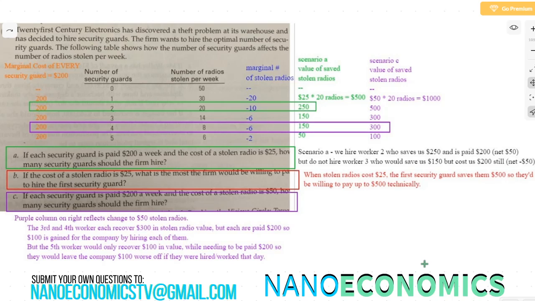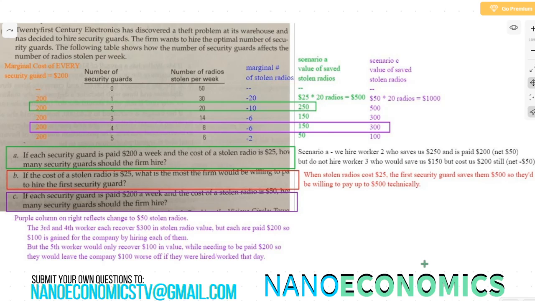In this case, we're doubling the value of each stolen radio. So we can simply double everything in the green column. It comes from $50 times the same numbers in the blue column.